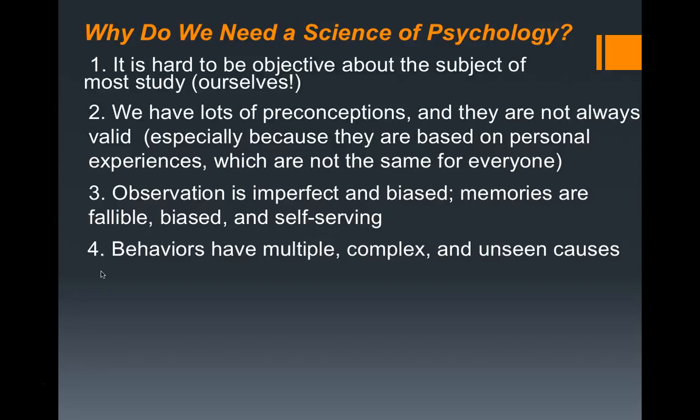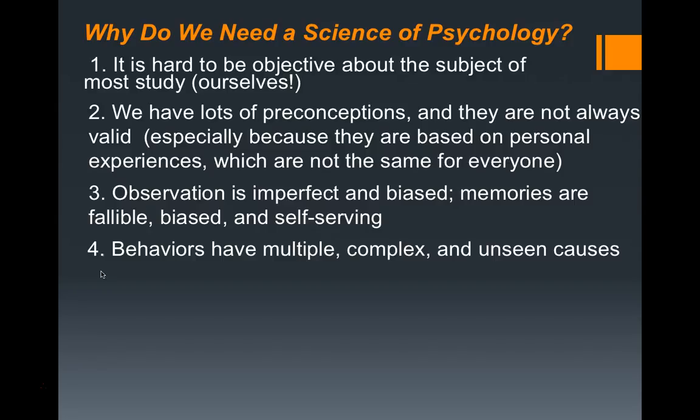Behaviors have multiple, complex, and unseen causes. What you are observing in a casual way, you may see some sort of behavior that leads to some sort of outcome or some sort of behavior on the part of another person. You might see some factor being introduced into the environment that seems to change behavior.